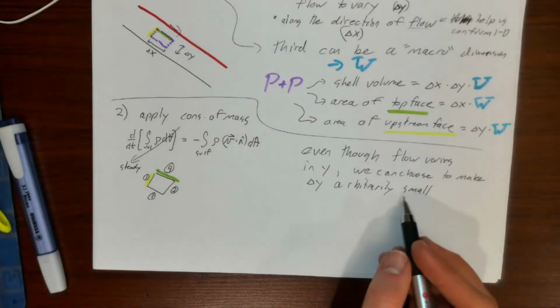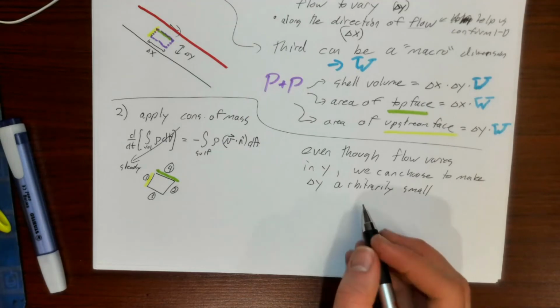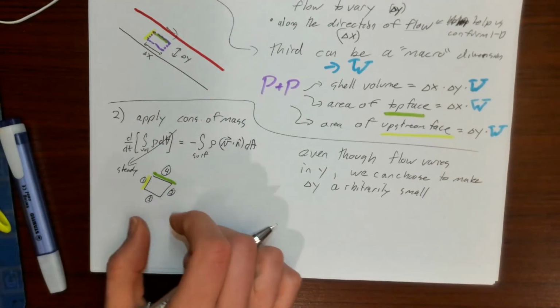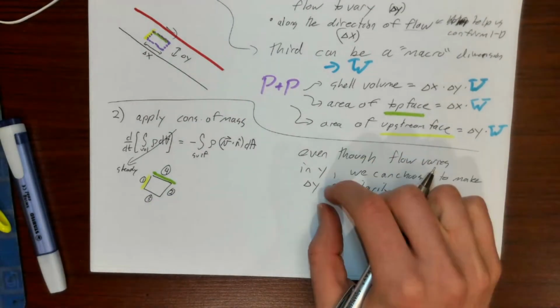We could also make delta x arbitrarily small if we wanted to, but let's make delta y arbitrarily small.